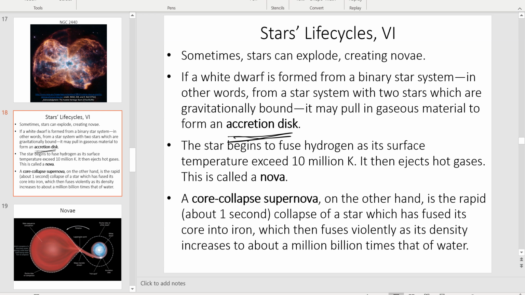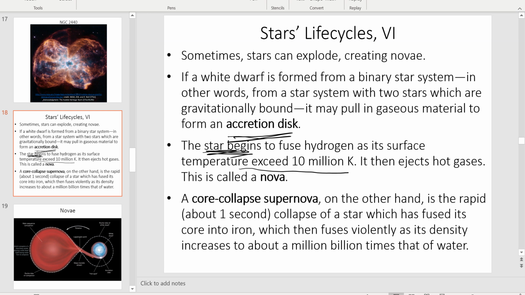The white dwarf is pulling this hydrogen gas toward itself, and this hydrogen gas will reach the surface of the white dwarf, and the surface of the white dwarf is very hot. If the surface temperature exceeds around 10 million degrees Kelvin, then hydrogen can begin to fuse.